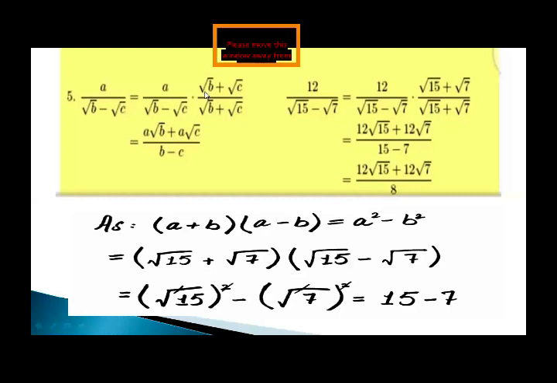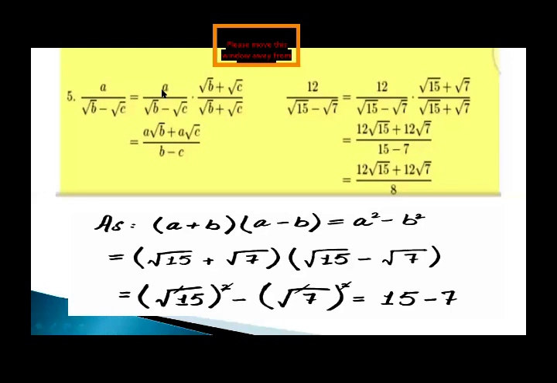We multiply and divide by the conjugate. You can see the conjugate: root b is there, root c is also there. But in the denominator we have a negative sign and in the conjugate we have a positive sign. The opposite sign between the two terms, so they are conjugates. We multiply and divide by the conjugate.